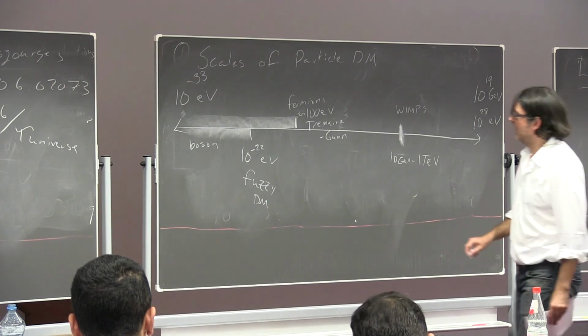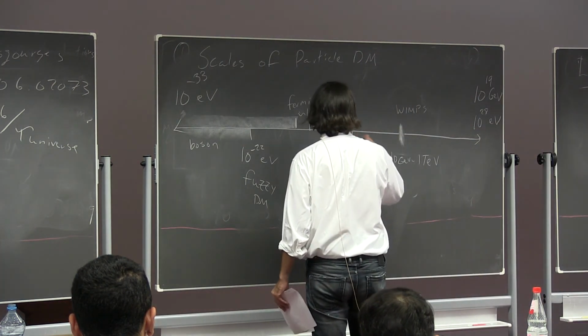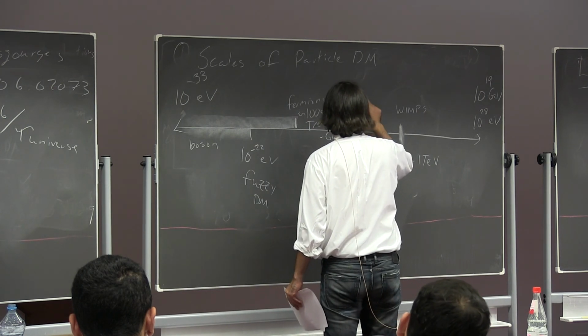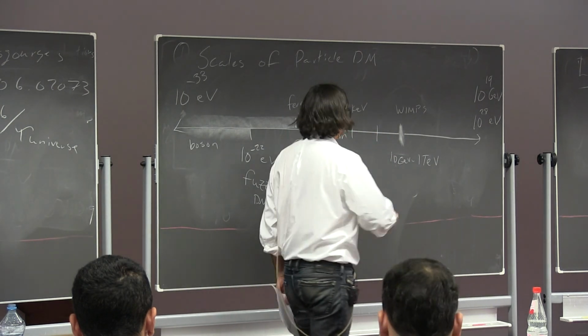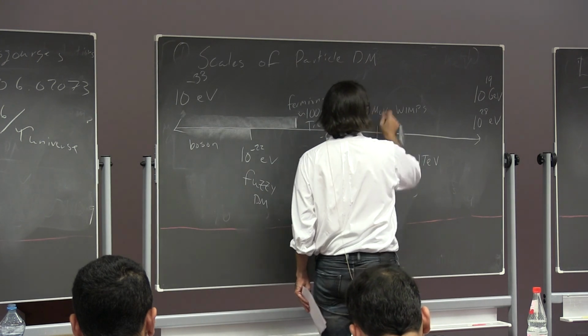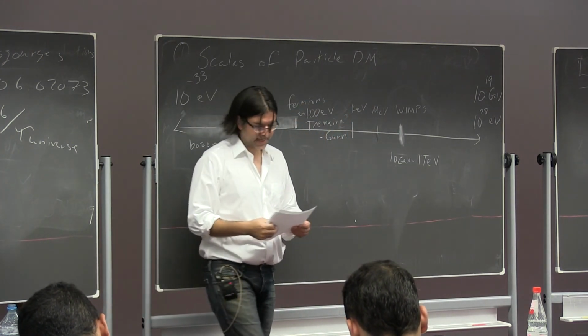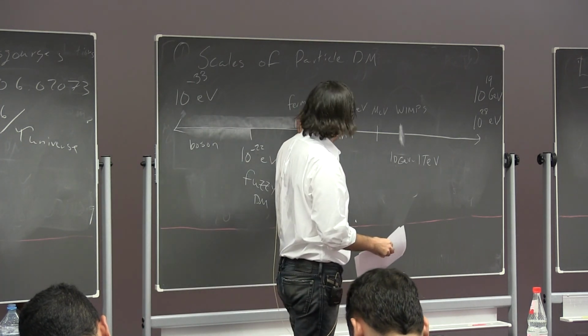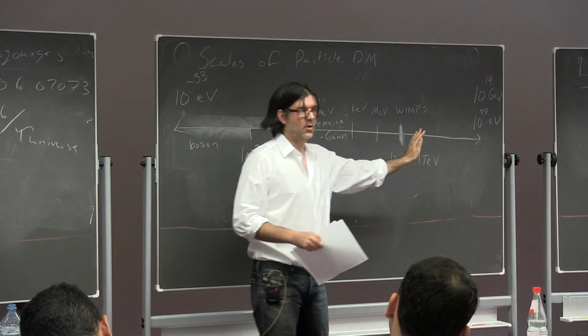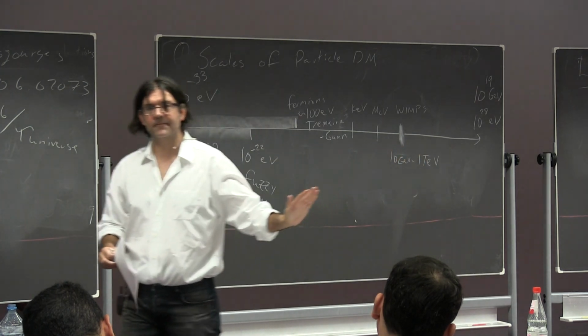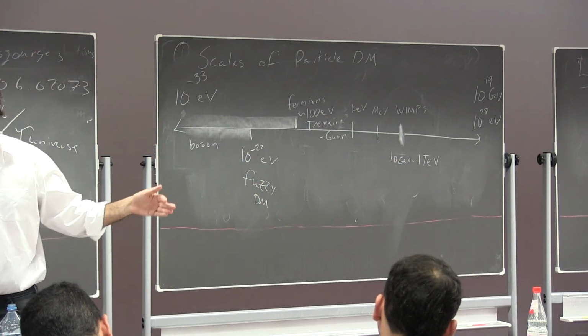And then you have a few other scales of note here: keV if they're in thermal equilibrium, MeV for Big Bang nucleosynthesis. But by and large, anything up here is OK for dark matter. So you're playing with a huge range of scales.